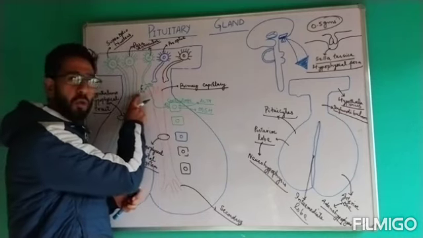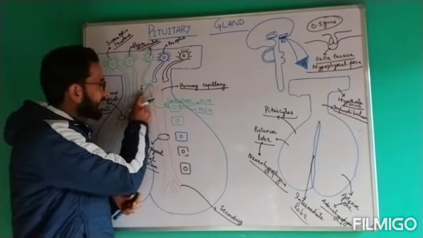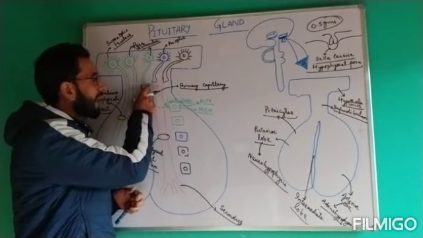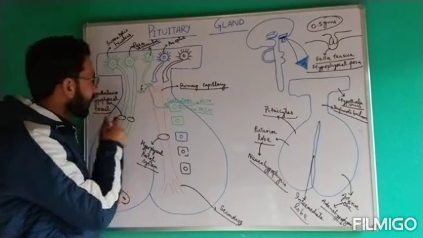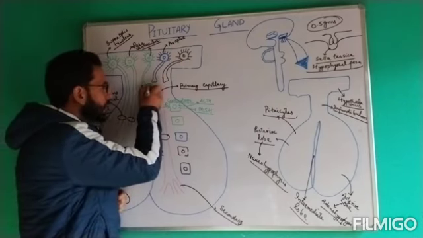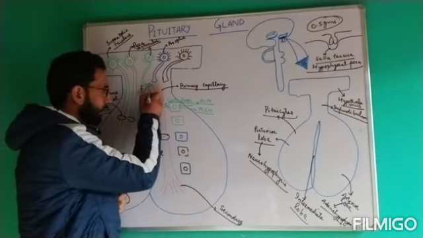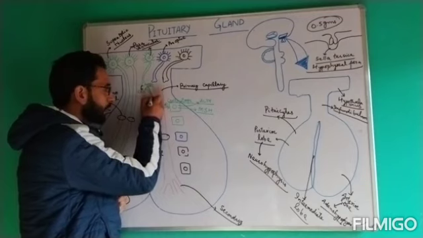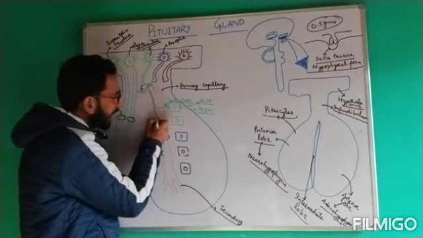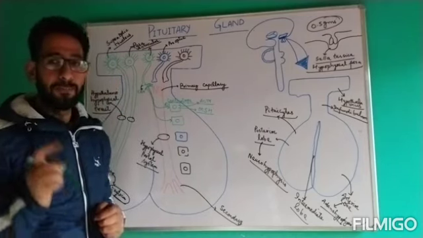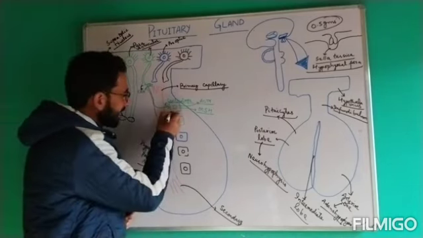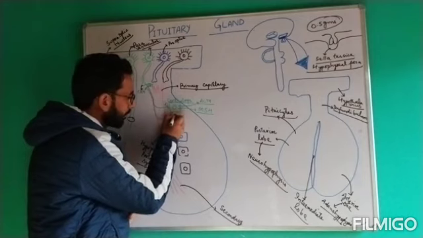So this is corticotropin releasing hormone, and it secretes one more hormone which is called thyrotropin releasing hormone. This thyrotropin releasing hormone also will come into the circulation through this hypophyseal portal system. It will come down and stimulate the second cell which is present in the anterior pituitary, and the second cell is called the thyrotrope.